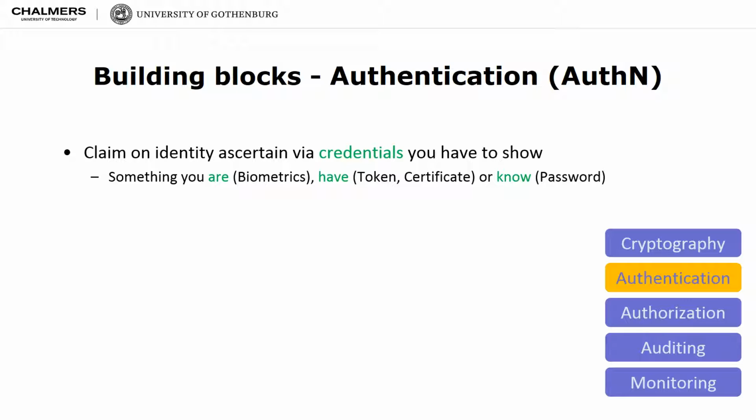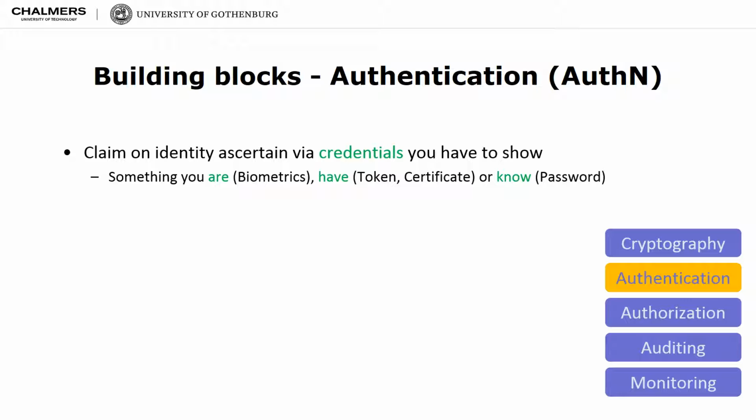Credentials can be about something that you are, like, for instance, a fingerprint or your iris. It could be something that you possess, that you have, like, for instance, a physical token that you use often to authenticate to your banking system, or something more simply, something that you know, like, for instance, a password.